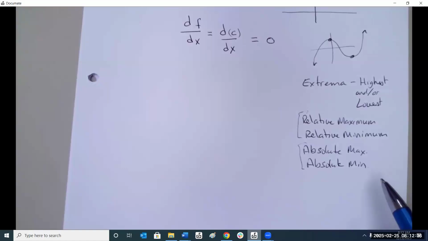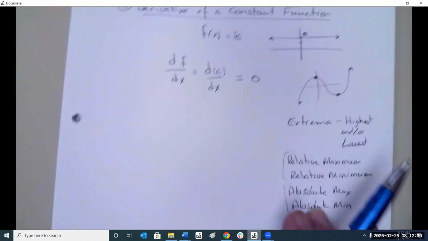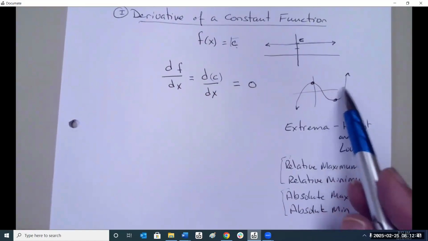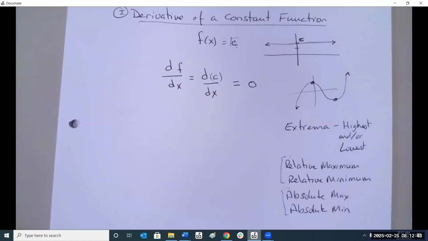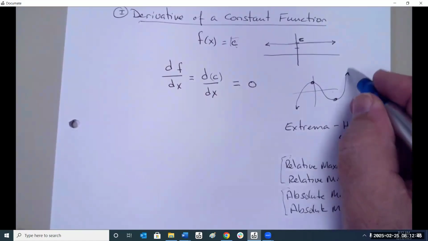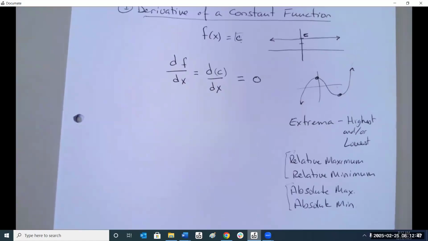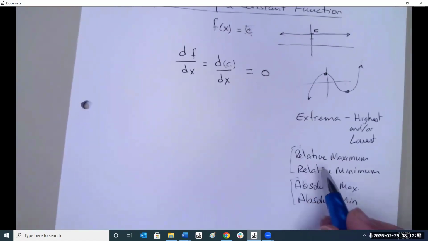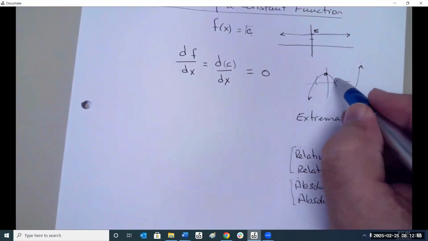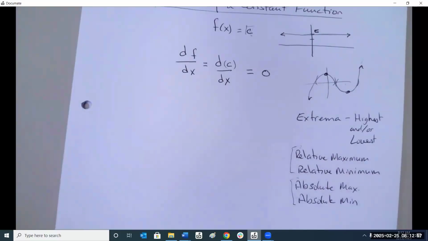Do you have to have those? No. For example, this example does not have an absolute maxima or minima because the graph goes on forever both ways. There is no high or low point, absolutely. But the relative maxima and minima are on certain domains. You can have multiple relative maxima and minima.